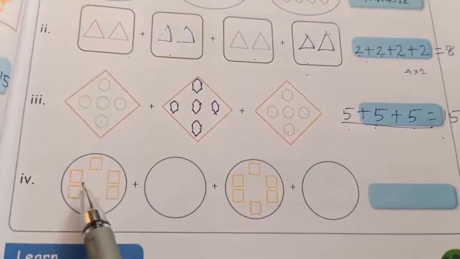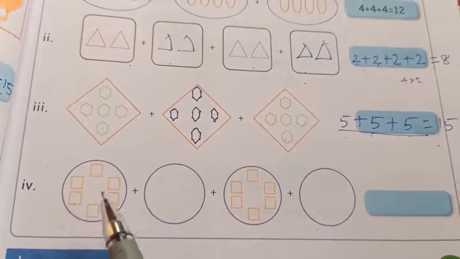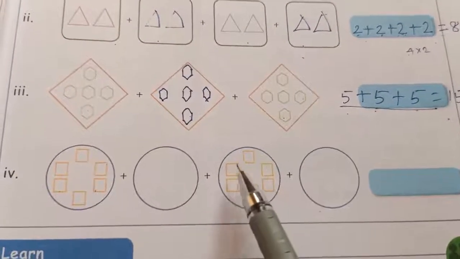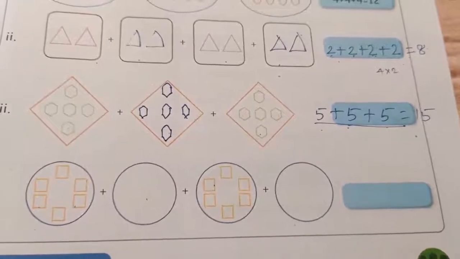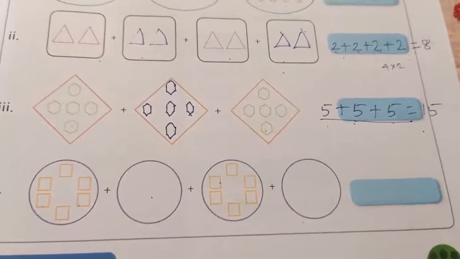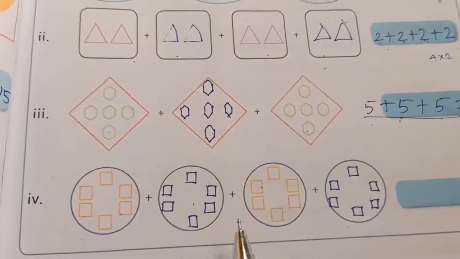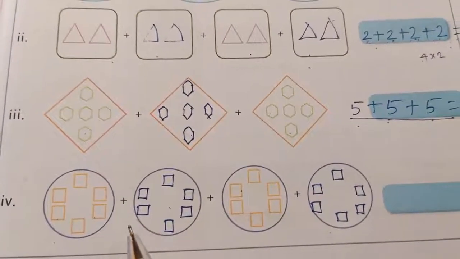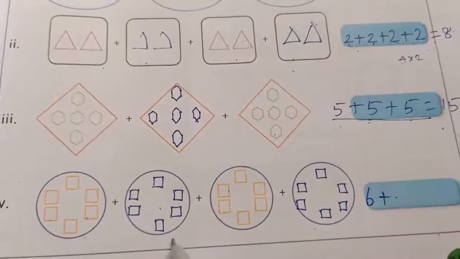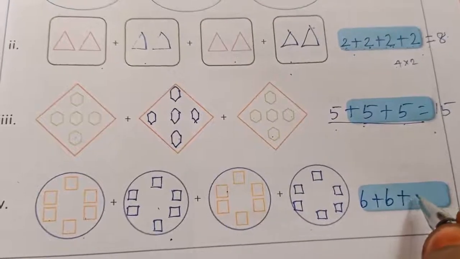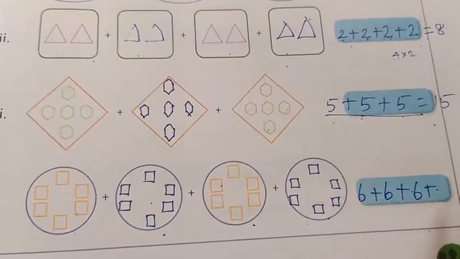See the next sum. First group has how many pictures? 1 2 3 4 5 6. Second one empty and third one 1 2 3 4 5 6. So in these 2 groups also we want to draw how many? 6 pictures. Okay ma, first draw 6 pictures. After that we can write the repeated addition fact. Write 6 plus second group also has 6 pictures plus third group also has 6 plus fourth one also has 6.